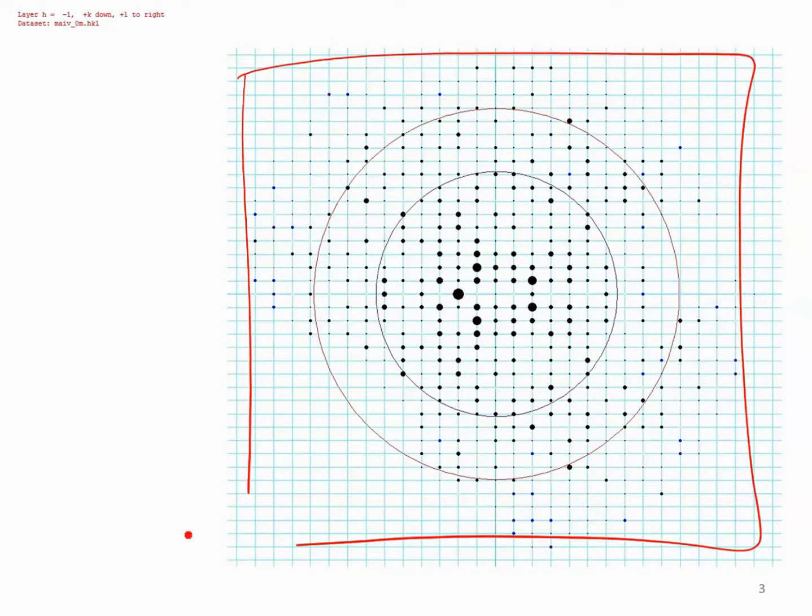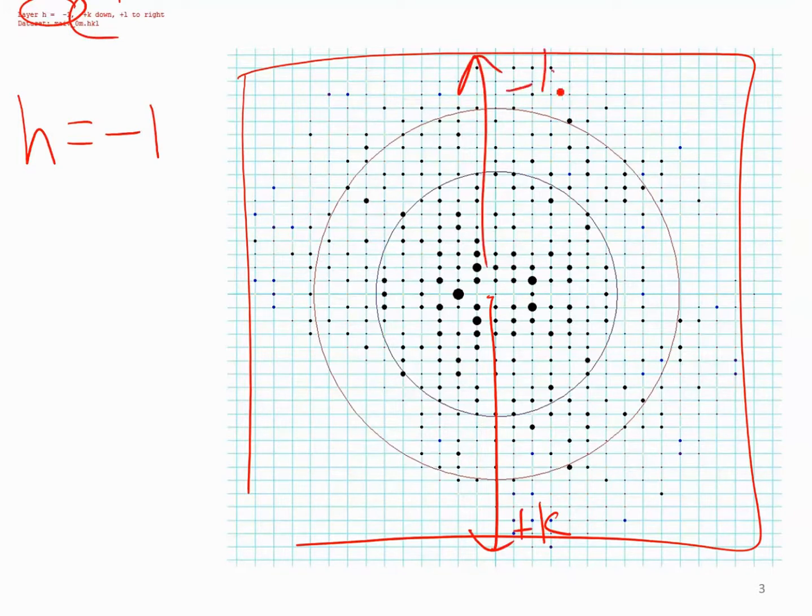For example, in this form, h equal to bar 1, so h equal to bar 1, k down from this spot is positive, k up is negative. To the right is positive L, to the left is negative L.